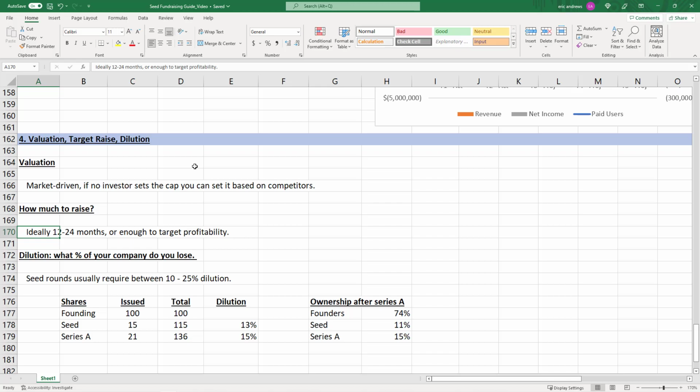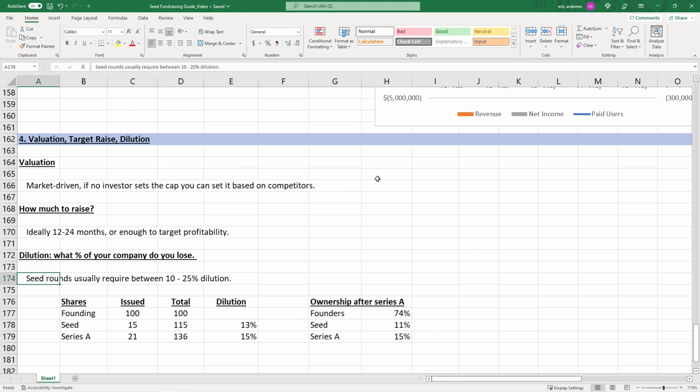If you wanted to raise, say, $1 million and you don't want too much dilution, you can back into it. If I don't want to sell more than 20% of my company, or an investor says, I want to own 20% of your company, and you say, I want to raise $1 million, then you back into the 5 million valuation. So very market driven. Try to raise enough money to hit profitability or make it 24 months.